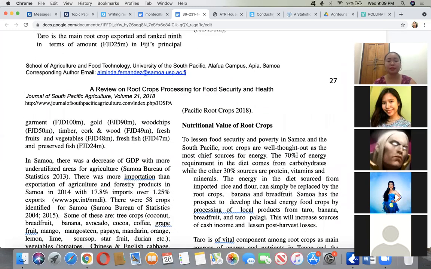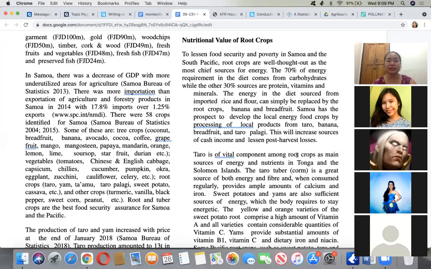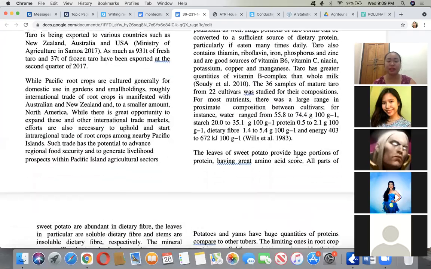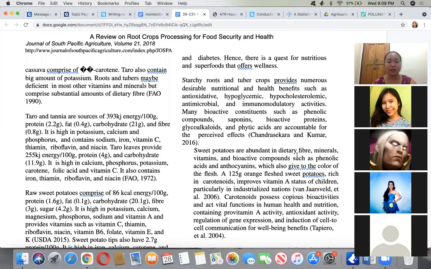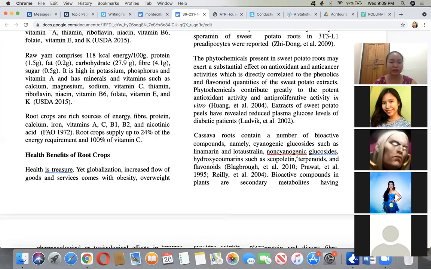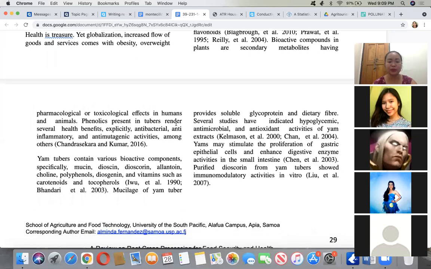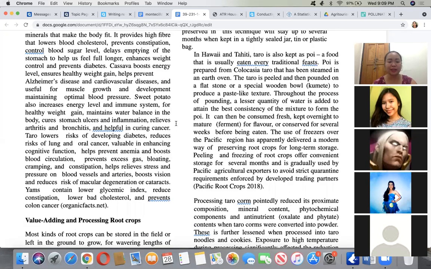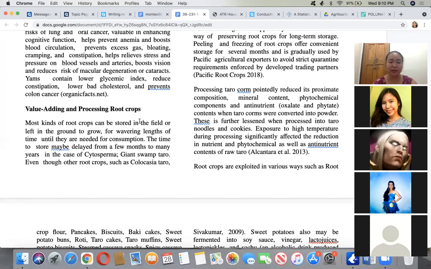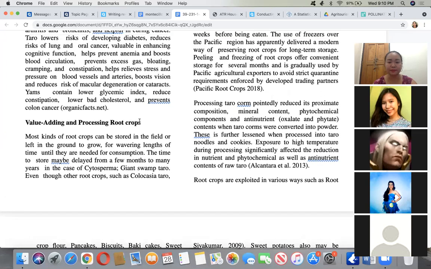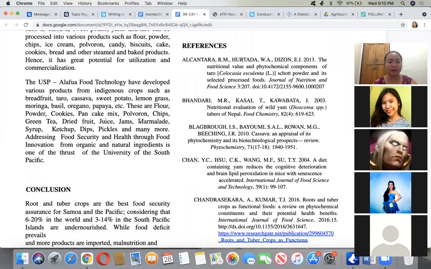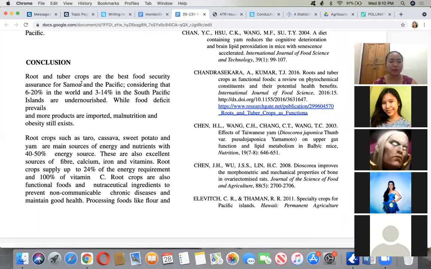Those topics are the information you need before you can conclude. Where's my conclusion now? There are also health benefits of root crops, and value adding and processing of root crops. In your conclusion, you will mention how these root crops, as you propose, become the answer to food security and health.